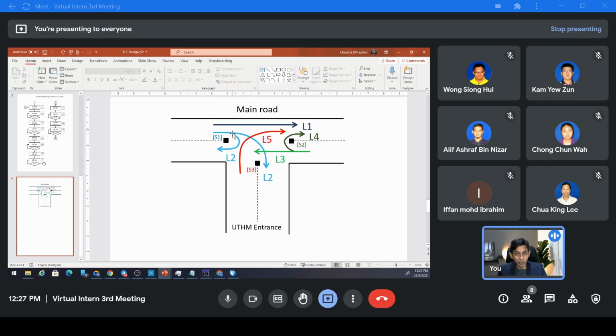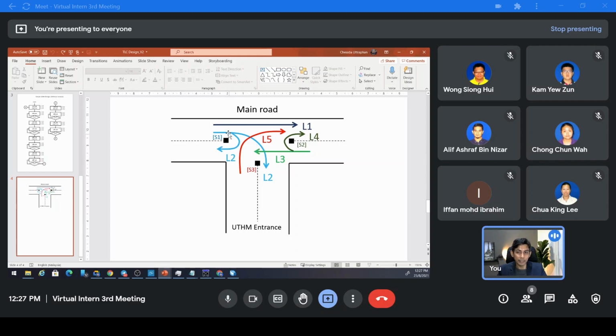This is good because if there is no car waiting here, we can skip this sequence, so it makes your traffic light more efficient. For example, if there is no car here but you still turn this flow to green, the others must wait and stop for this flow, although there is no car here. That is not efficient.